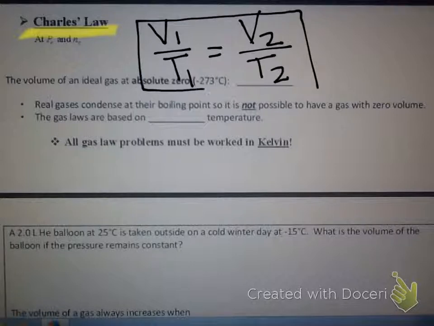So this equation is the equation for Charles' Law. Now, how do chemists usually read this? V1 over T1 equals V2 over T2. That's how a chemist would say it. It's a lot easier to say too, isn't it?